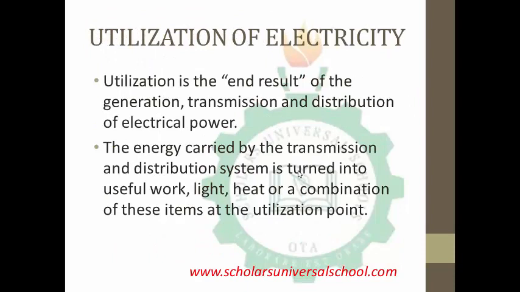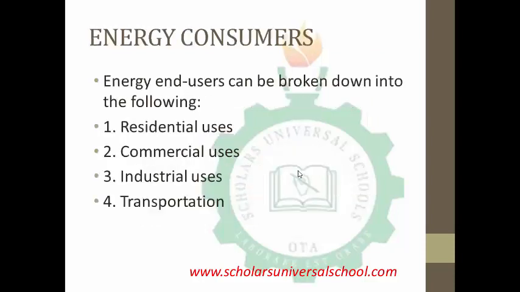So as we have said, utilization is the end result of the generation, transmission, and distribution of the electrical power. That is, the energy carried by the transmission and distribution system is turned into useful energy and used to meet our needs at the utilization point.